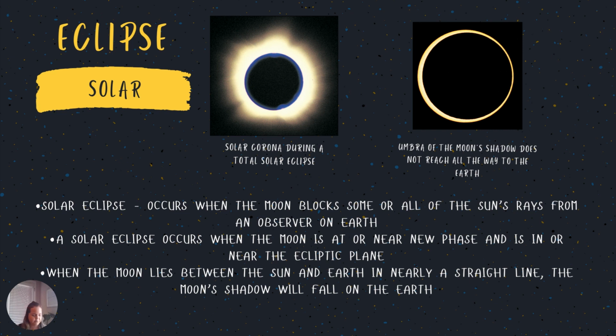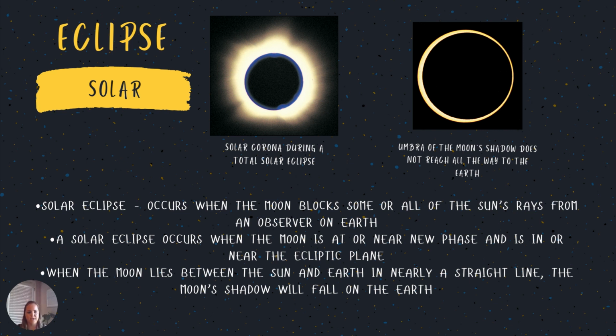Another thing that we've done before is we use a piece of paper to try to reflect it. It looks really cool, but like I said, try not to look directly at it, just like you don't want to look directly at the sun all the time. So this is, like I said, when the moon is blocking some of it, so it depends on where the moon is in its orbit and how close it is to Earth, whether we're going to see a full or a partial eclipse.